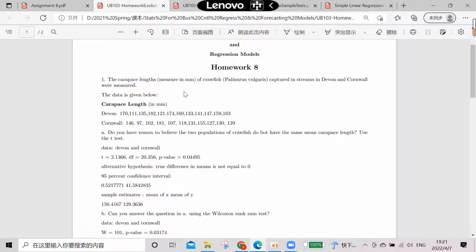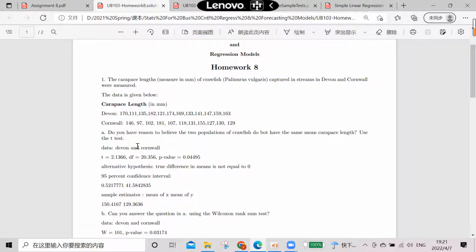Right. So basically, first you have to go to the course slides. I think you have covered the Wilcoxon rank test, the formula about that test. So you have to review the class slides, and then basically you're gonna rank all those numbers, the Devon and the Cornwall.